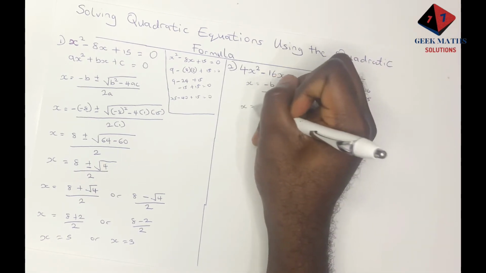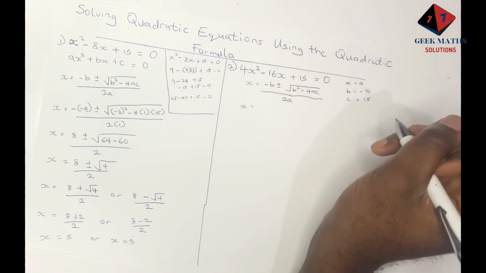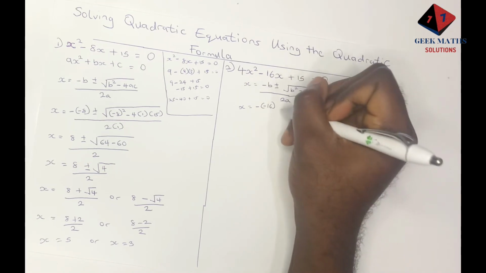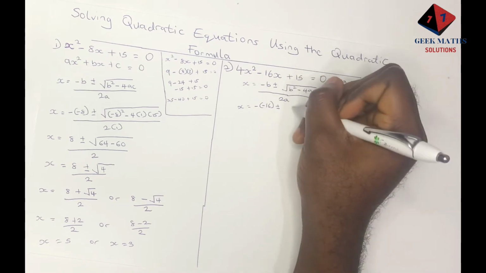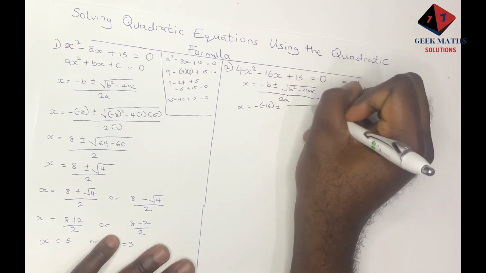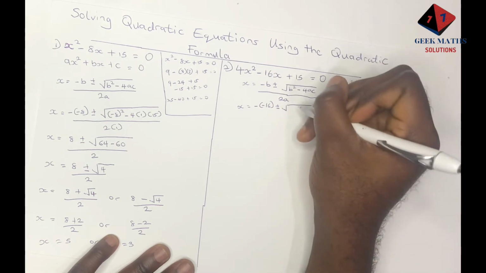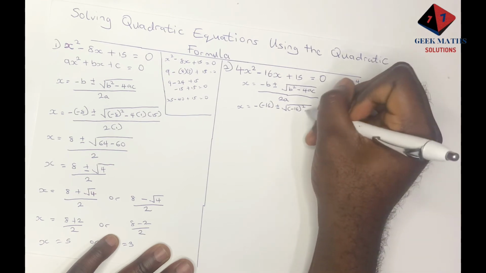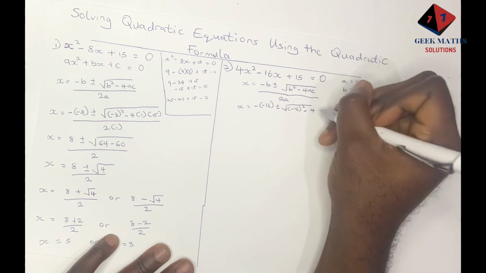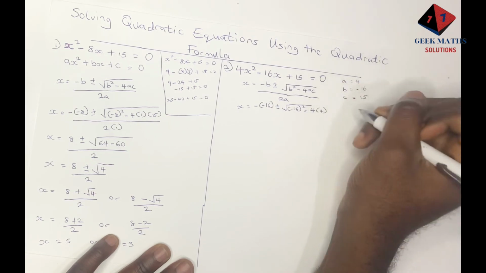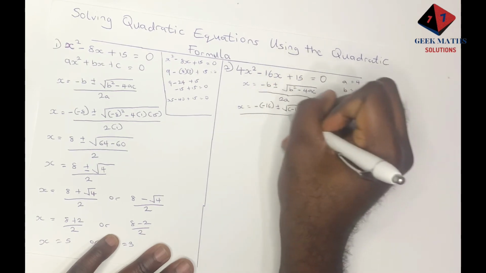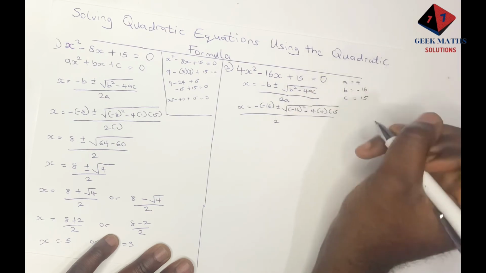So we replace these values into the quadratic formula. So x will be, b is minus 16, so minus 16 plus or minus the square root of b squared, which is minus 16 squared, minus 4ac, a is 4, and c is 15, all over 2a.